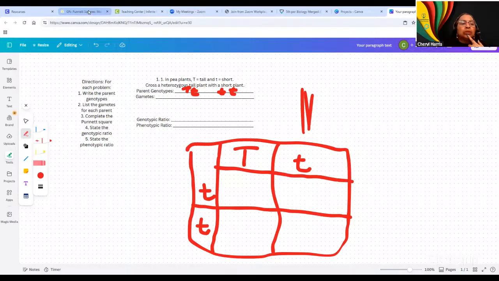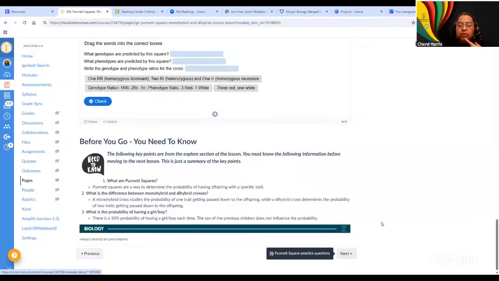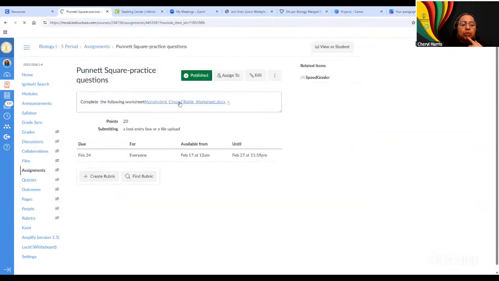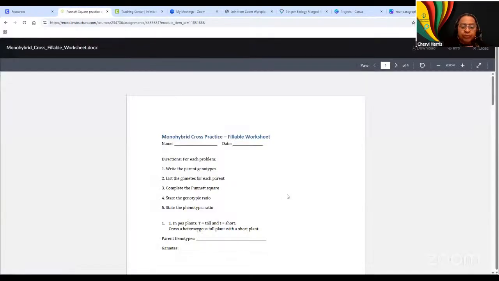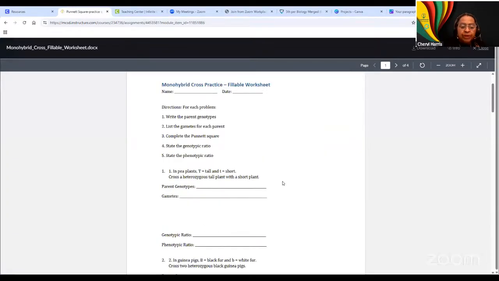Let me get back over here. You have room on your worksheet to draw the box, and drawing the box will symbolize what the gametes are. So you have space right here to draw the gamete, or space over here to draw your Punnett square.